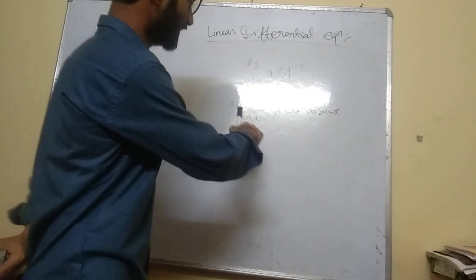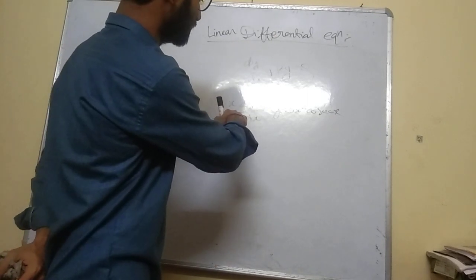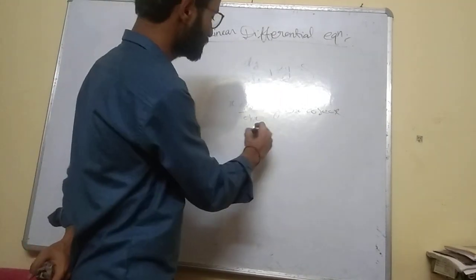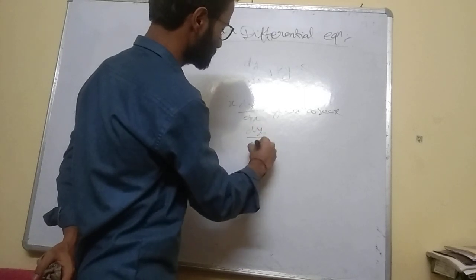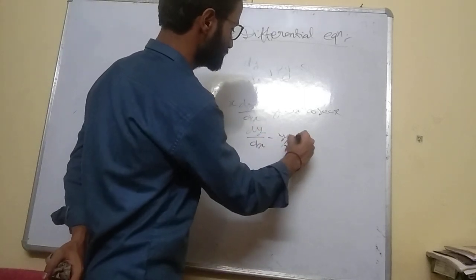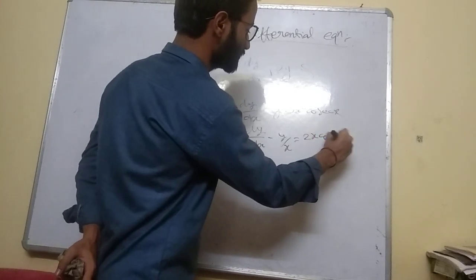So here you get to know that if you divide by x, then we will get this form. So this will become dy by dx minus y by x is equal to 2x cos x.